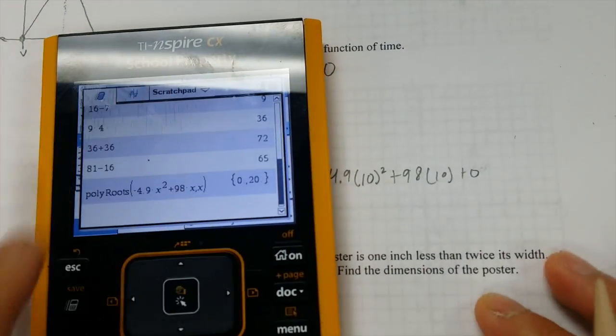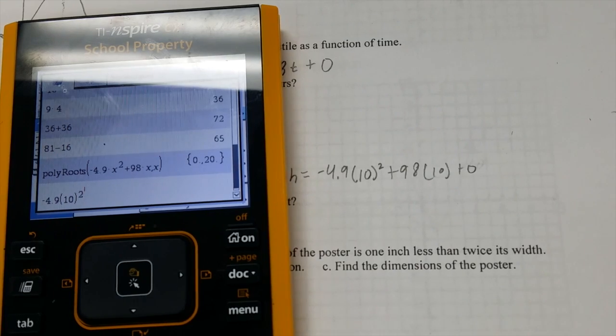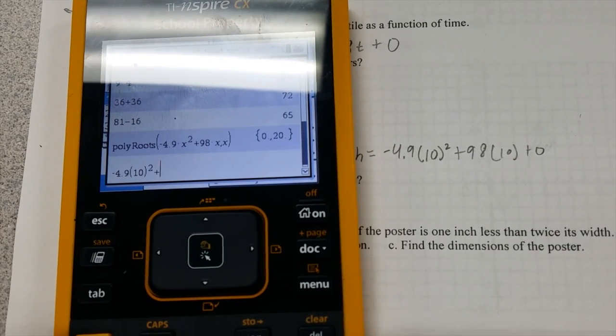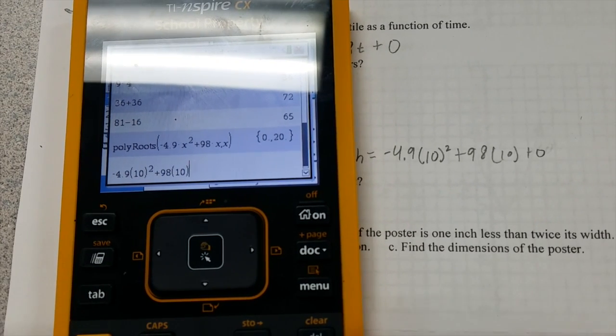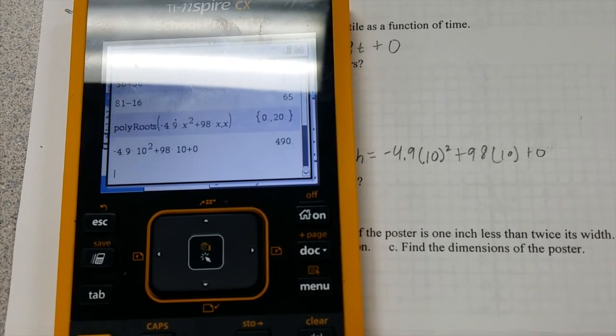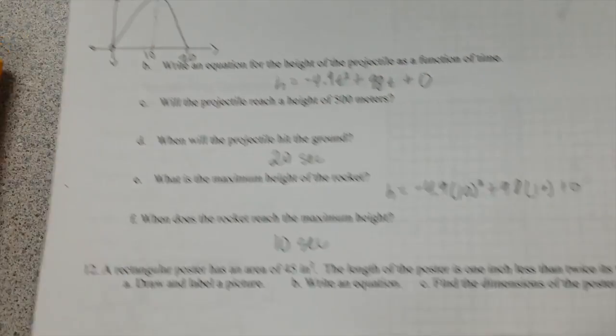So I'm going to put that in my calculator. Negative 4.9 times 10 squared plus 98 times 10 plus 0. Didn't even need to put the 0. So it goes up to 490.